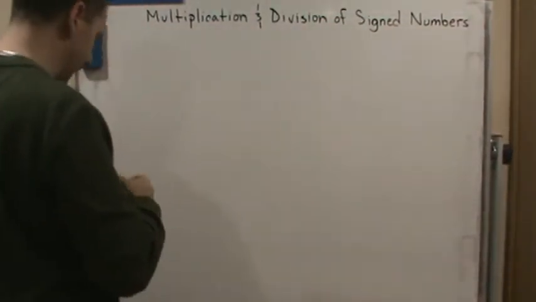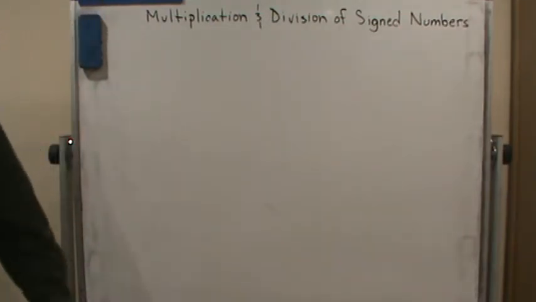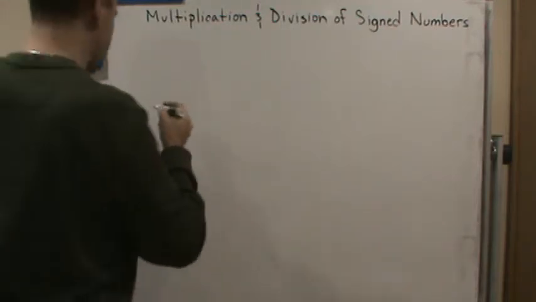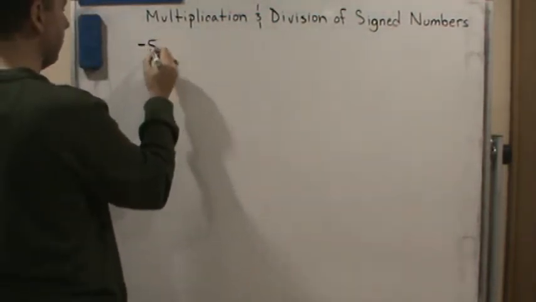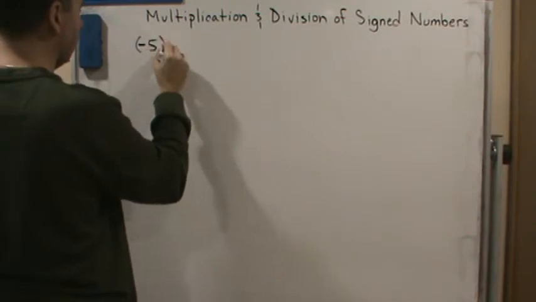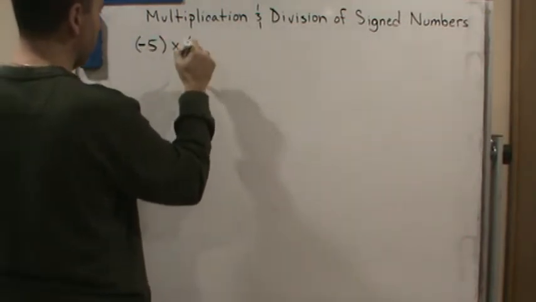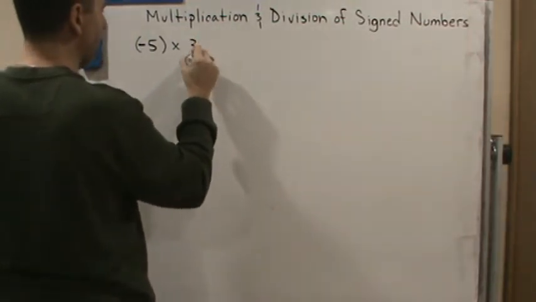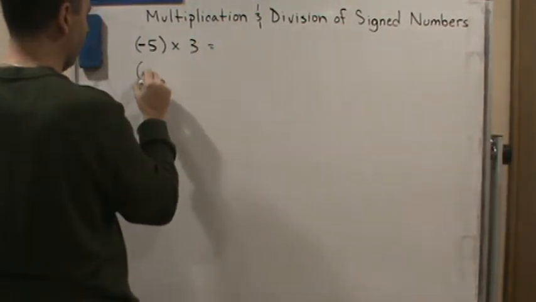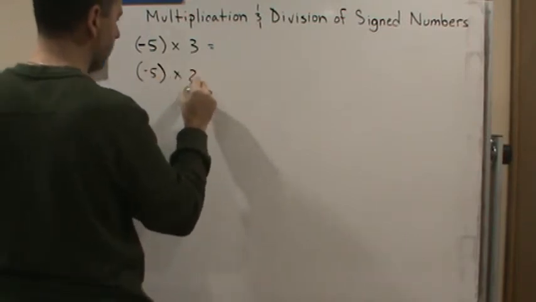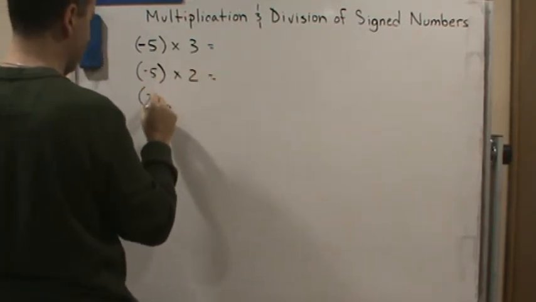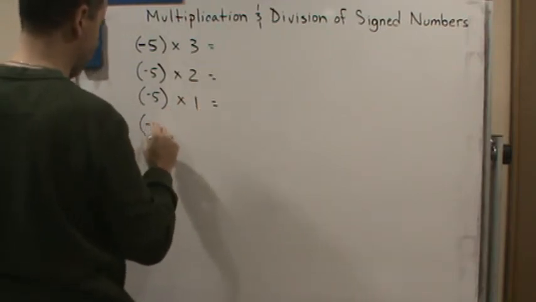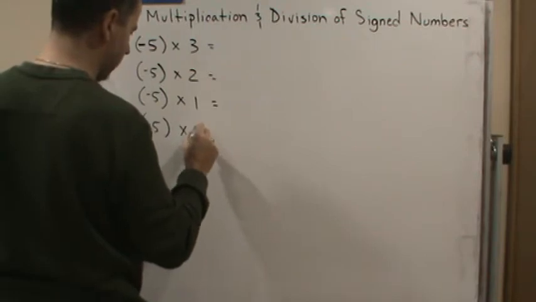So if we look at negative 5 times 3, negative 5 times 2, negative 5 times 1, and negative 5 times 0.